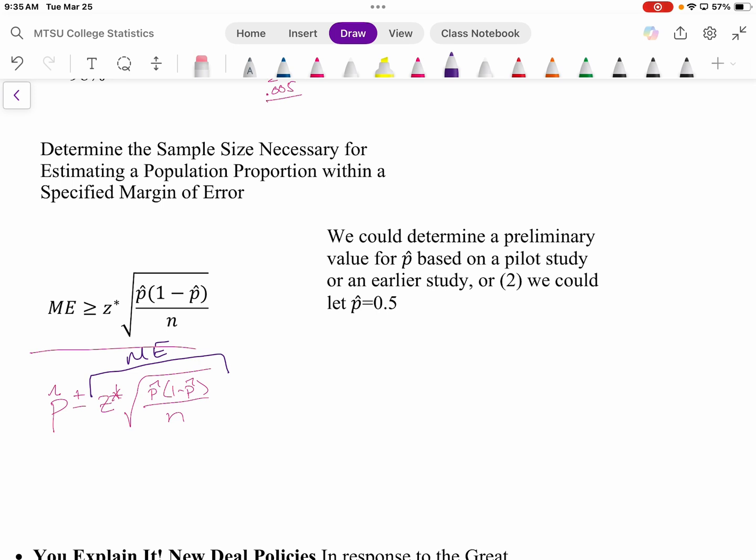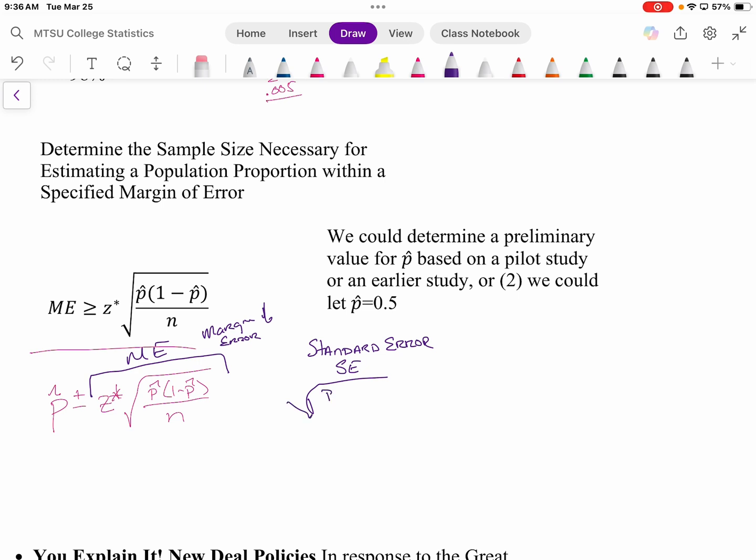And while I have it separated, I want to write one more thing down. So that's margin of error. Sometimes they tell you the standard error. The standard error, or SE, that's just the square root part.